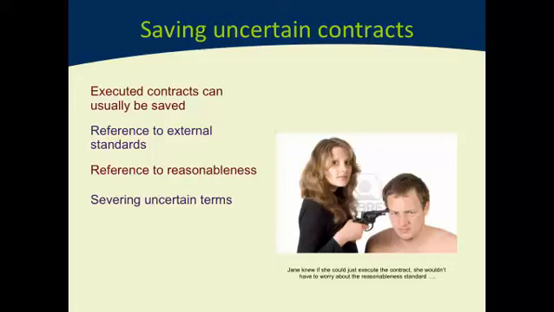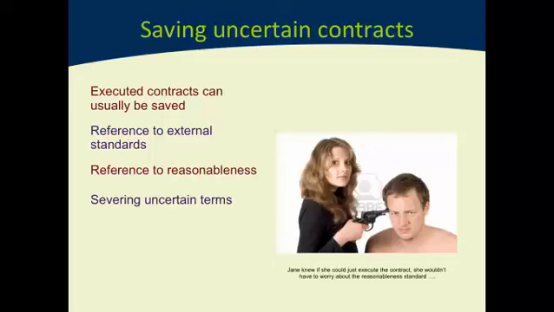The final option which is open to the court is to sever the uncertain terms. This doesn't always work, because depending on the nature of the term, severing it might completely change the rest of the contract, and the court will be very reluctant to do that. So the court will say, okay, we've got this uncertain term.